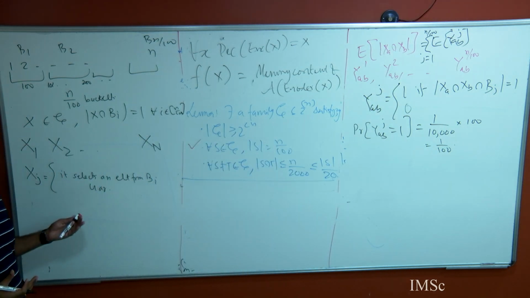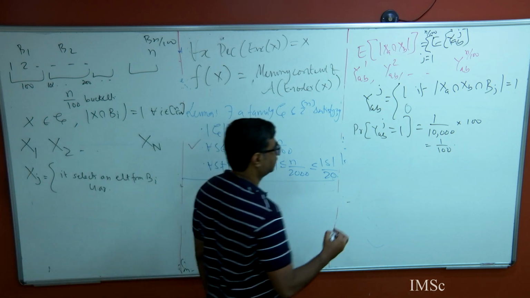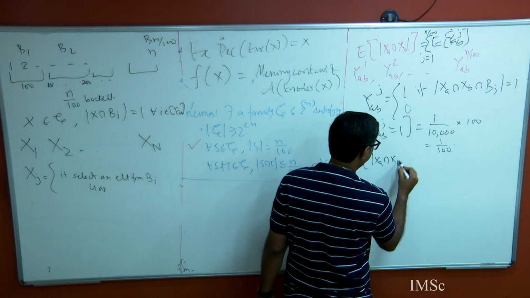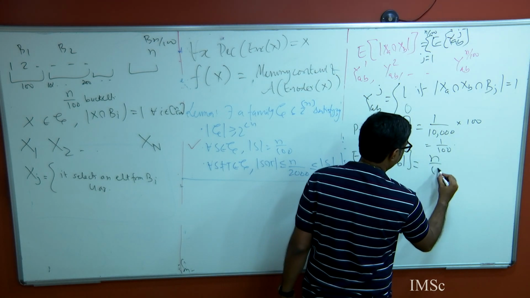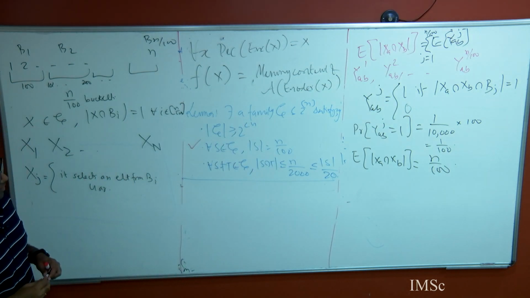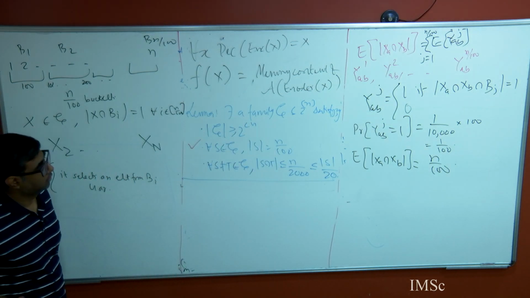So what is the expected intersection? The expectation of XA intersection XB is n over 100. Did I do something correctly?